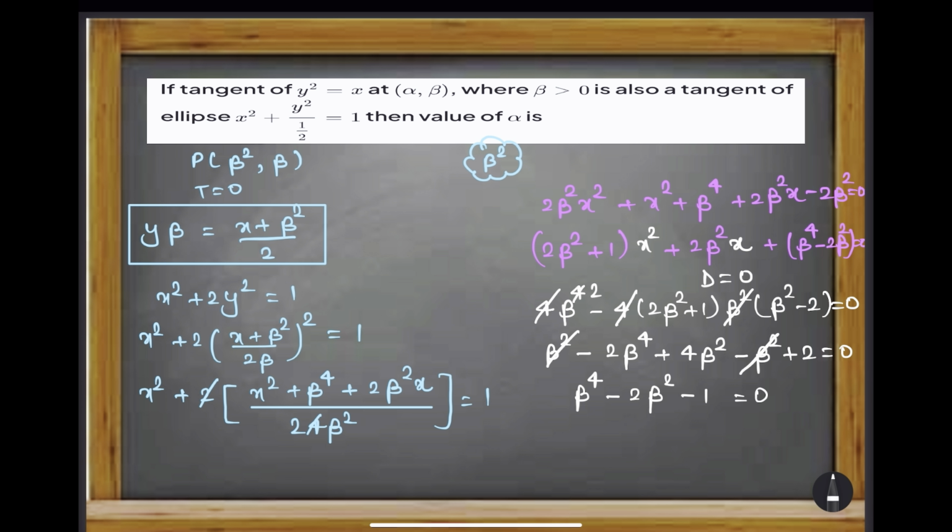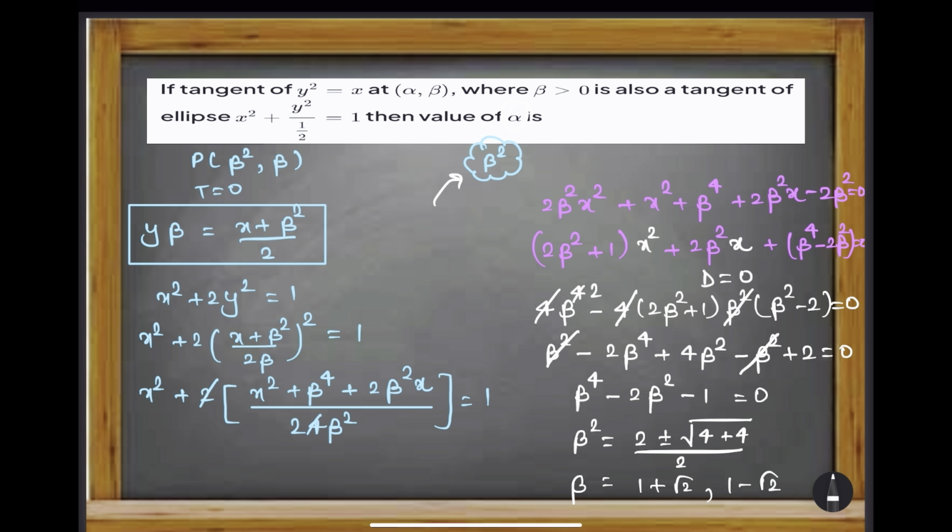Correct? Now if you factorize, it will become complicated. We want alpha, so here we want beta square. So don't you think you can convert it into, it is biquadratic, so you can write beta square as (minus b plus minus root under b square minus 4ac) by 2a. Okay, so it will become what? 1 plus minus, it is 8. 8 means 2 root 2, so it will become root 2. 1 plus root 2, 1 minus root 2.